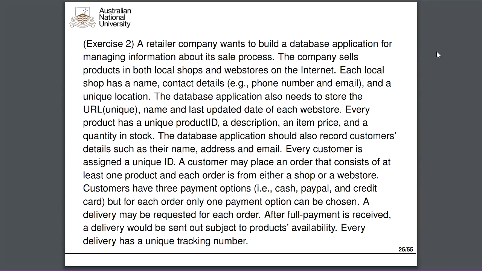And then the second half of this lecture is mainly focused on how to convert this ER diagram to a relational schema. And then, yeah, we see you in about 11 minutes. Take a break. We come back in 10 minutes.